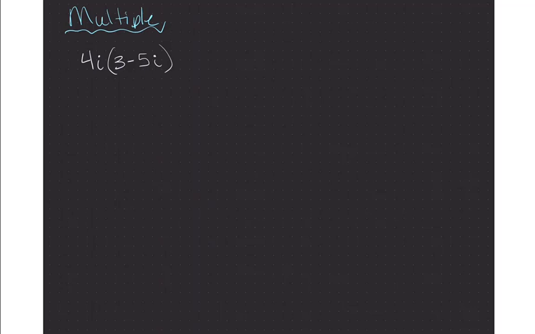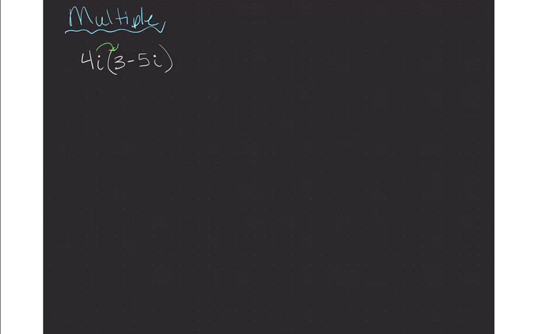So when it comes to multiplying these, almost think of your i like being no different than if that was an x, right? If it was a variable, it works the same way because we're going to leave it i when we go through to multiply, and then we might be able to simplify it, right? So I'm just going to use my distributive property, and I'm just going to do 4i times 3, and then I'm going to do 4i times negative 5i.